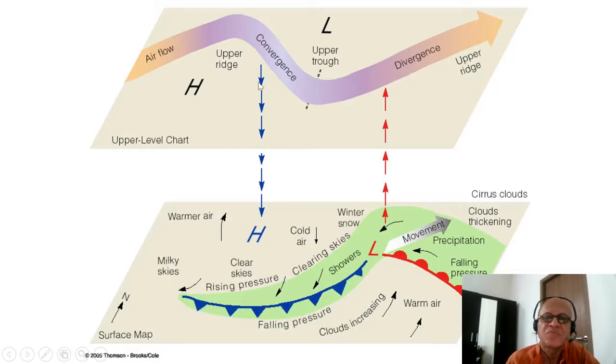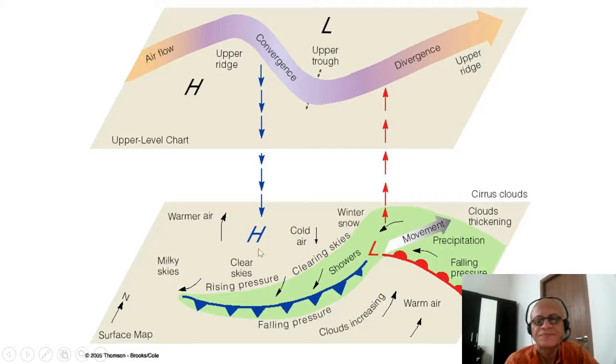So obviously it's important because the jet stream is able to put down weather on the surface. So this is the surface map, and here you have warmer air, milky skies, kind of a strange descriptor, but there we are. So you have a cold front here, and clouds increase, warm air is intruding into higher latitude, so we are going northward here.